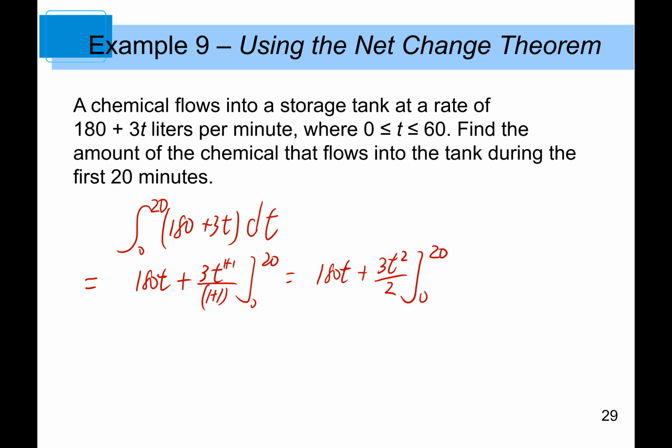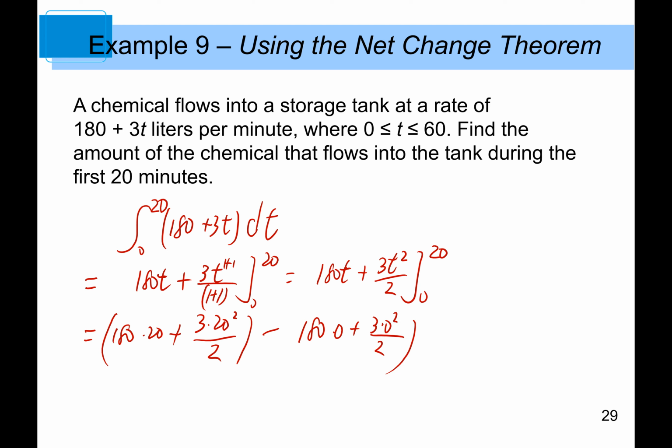Now plugging in 20 first, we get 180 times 20 plus 3 times 20 squared over 2, minus, plugging in 0, 180 times 0 plus 3 times 0 squared over 2. So they both become 0.